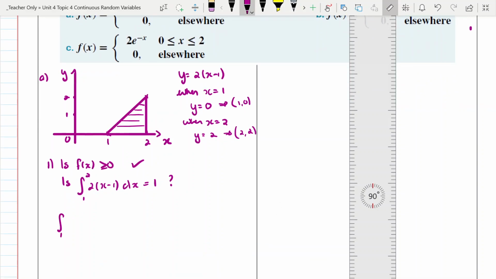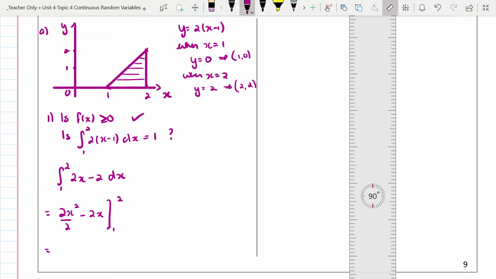So we have the integral from 1 to 2 of 2x take 2 dx, and that's going to be equal to 2x squared over 2 minus 2x between 1 and 2, and that's going to be equal to 4 take 4 minus 1 take 2, and that's going to be equal to 1.